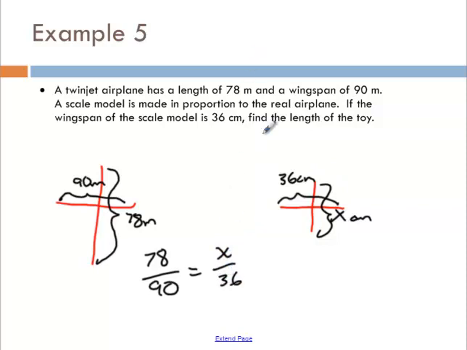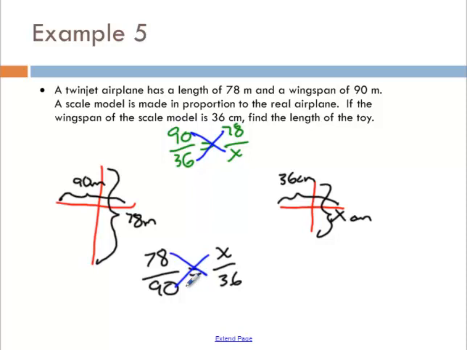Or I could set up wingspan over wingspan equals length over length. Those are the same because when I cross multiply, it's 90 times x and 90 times x, 78 times 36 and 78 times 36. What you have to be careful of is that it matches.